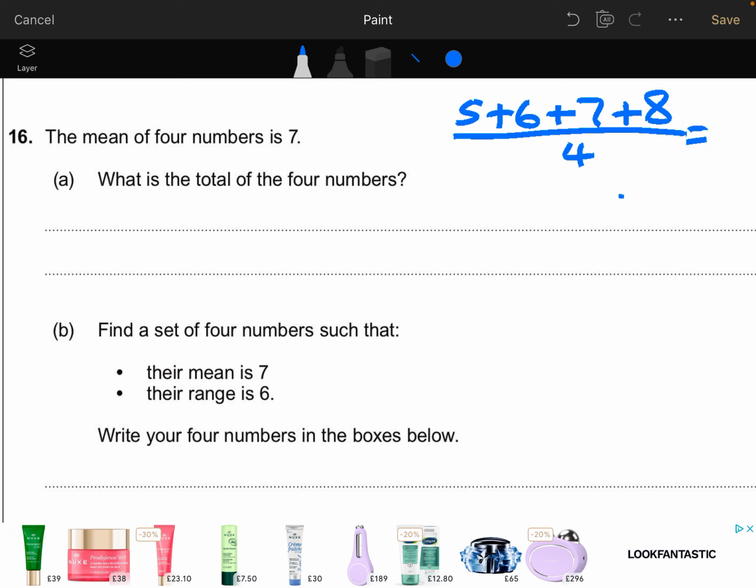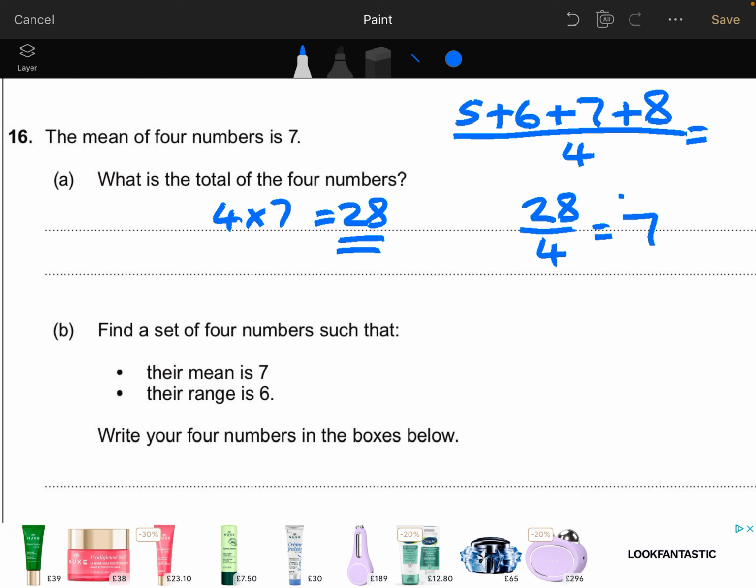Now that would not give us 7. So what do all those numbers have to add up to, that when I divide it by 4 I get 7? Well, 4 times 7 is 28. So 28 is the answer. And just checking, if the total was 28 and we divided it by 4, we would get a mean of 7.